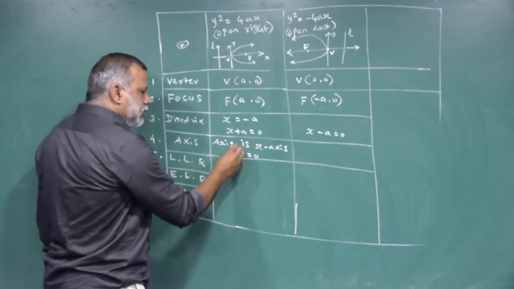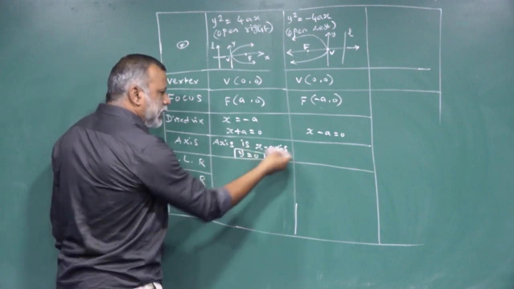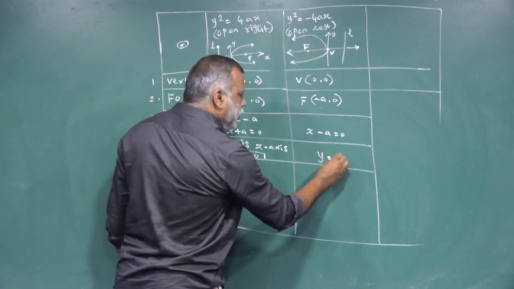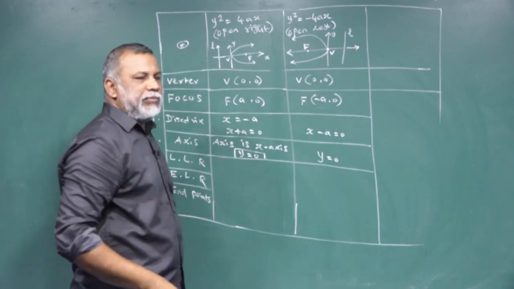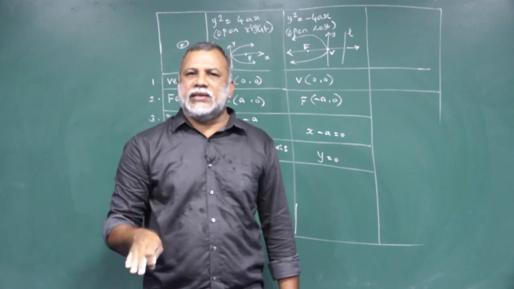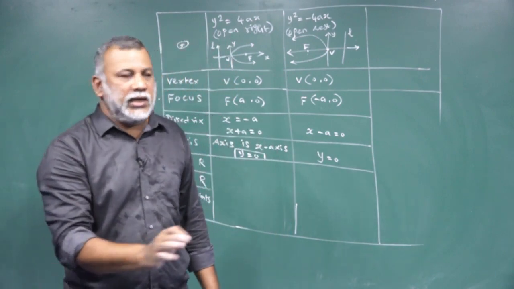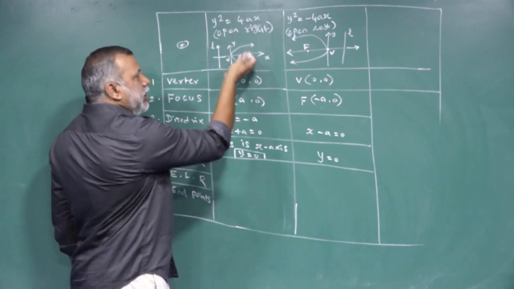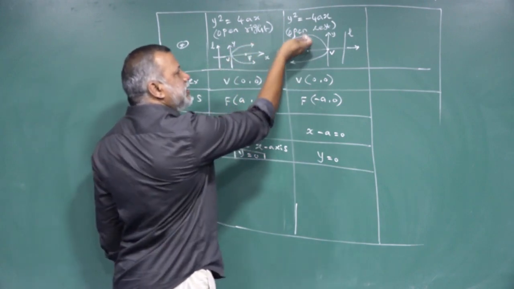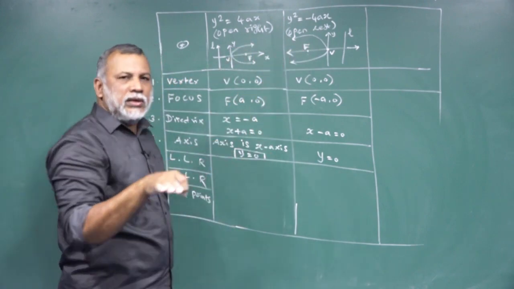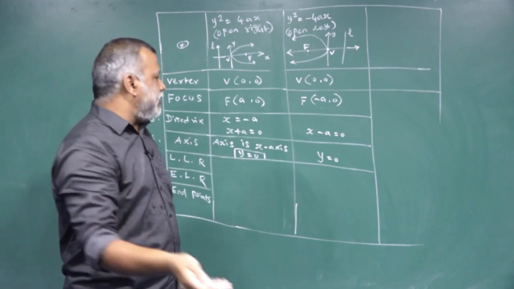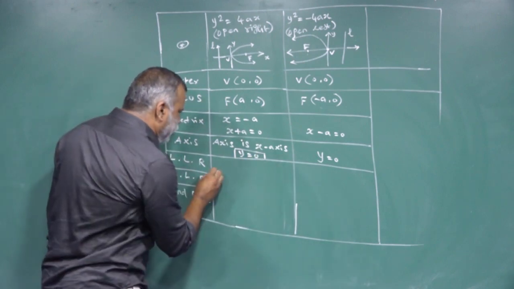Equation of the axis, y equal to 0. Here also y equal to 0, because for both type number 1 and 2, x-axis is the axis as it is symmetrical. What is the meaning of symmetrical? Identical. It is identical above and below the x-axis. Therefore, x-axis is the axis, its equation y equal to 0.